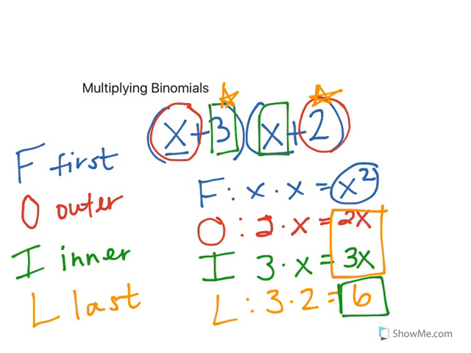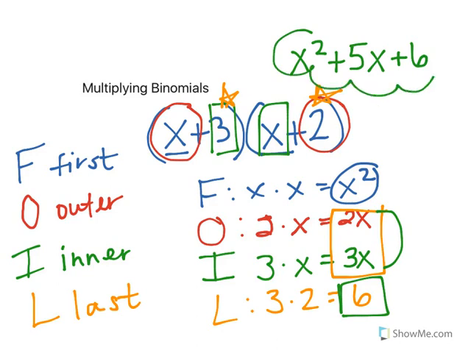So your polynomial that you're going to end up with would be x squared, and then you would add these two together, so it would be plus 5x, and then plus 6. Notice how I say plus because these are positive. If these were negatives, then they'd be negatives in our problem. So this is how we FOIL.